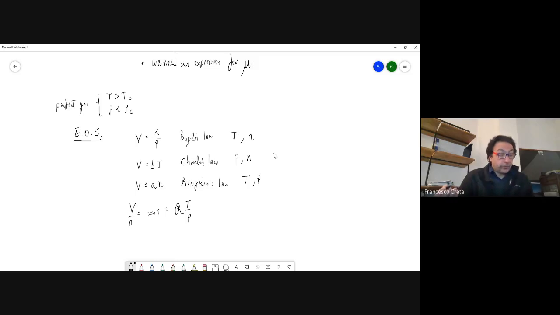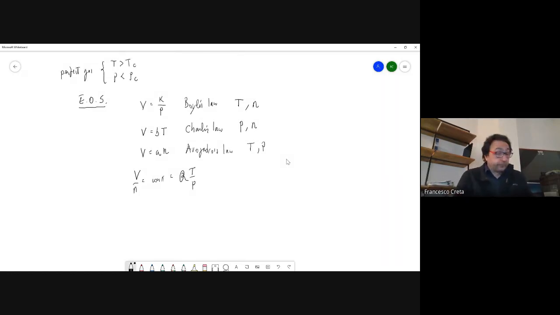So equal volumes of all gases, at T and P constant, essentially contain the same number of molecules. Okay, and this is our first form of our equation of state, which we all know, by the way.